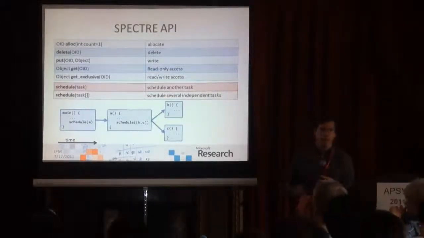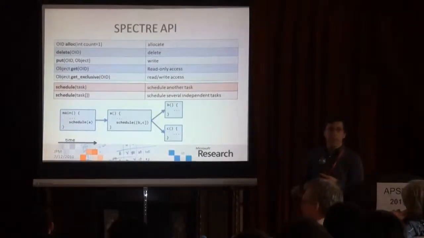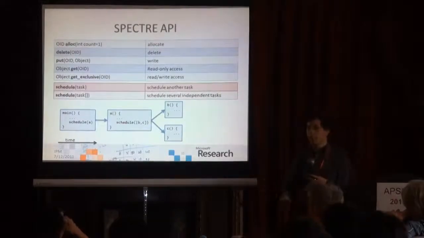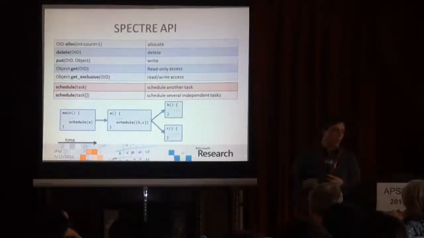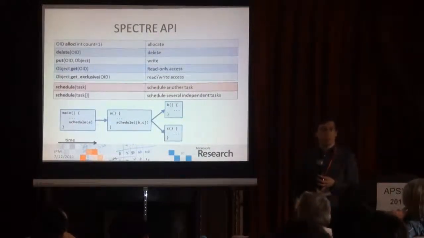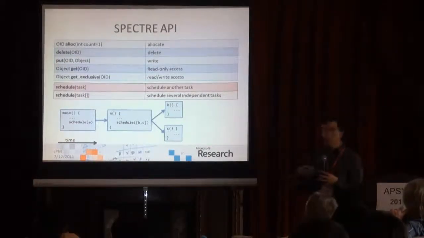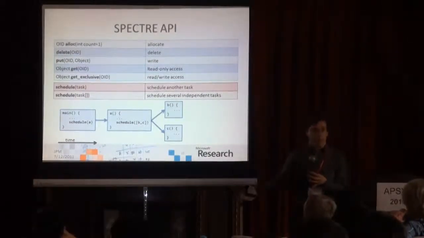Here's what the SPECTRE API looks like. It has two kinds of operations. The ones in blue at the top are ones that deal with accessing data. So you can allocate data, you can read it, you can write it. And then in red, remember I told you that you have to split your computation into tasks. This is how you tell the system that you have tasks that are either sequential or parallel.